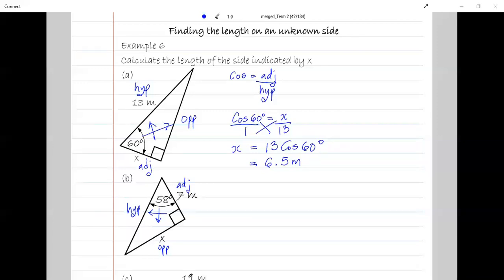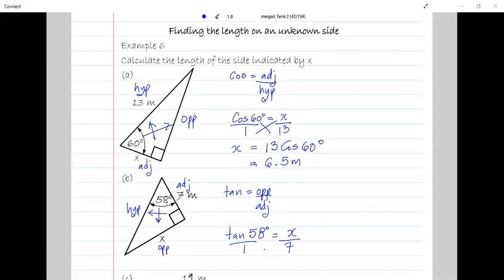Then I would ask myself, which trig ratio includes opposite and adjacent? The answer to that is tan. And so I would say tan is equal to opposite over adjacent. Then I would say the tangent of the angle, which is 58 degrees, is equal to opposite x over adjacent 7. Then I would put the tan of 58 over 1, and then I would say, if I have one fraction equal to one fraction, I'm going to cross multiply.